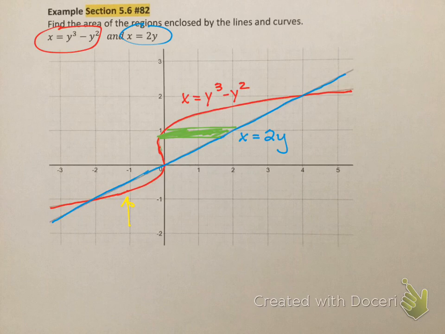And you know what I'm really hoping you said? I'm really hoping you said, hey, both of those equations are solved for x, so let's draw in a horizontal representative rectangle. So both of those regions, that's what I'm doing. So remember, if you've got horizontal, you are using equations solved for x. You are sliding up and down.